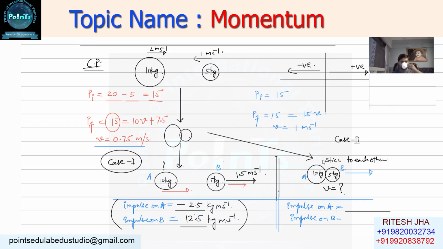In that case, 10 meters per second minus 20 is equal to minus 10, which means that for the other object, it should be 10. This is minus 10 and this is plus 10, right? Yeah, absolutely. Very good.